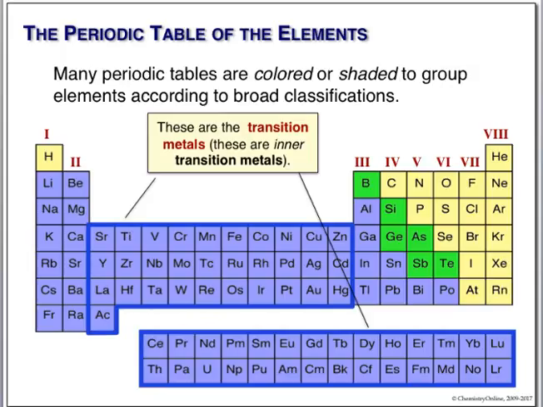These guys in between, the representatives, like I said before, this is a transition between group 2 and group 3. And these are called transition metals. Now, why are these guys stuck at the bottom down here?